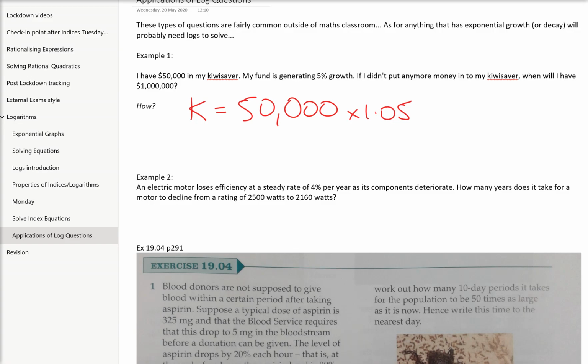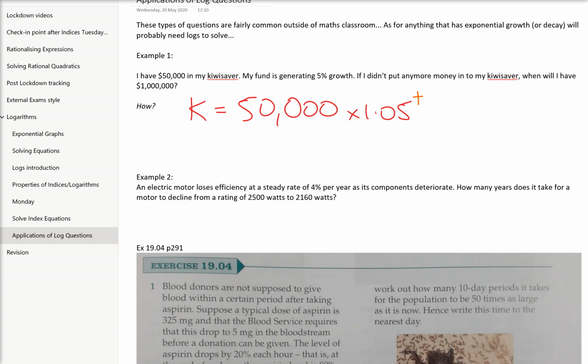So that is how much money will be in after 1 year, because there's an imaginary 1 up here. After 2 years, I would change that 1 to a 2. So in T years, I would change that to T. And that is my expression now.